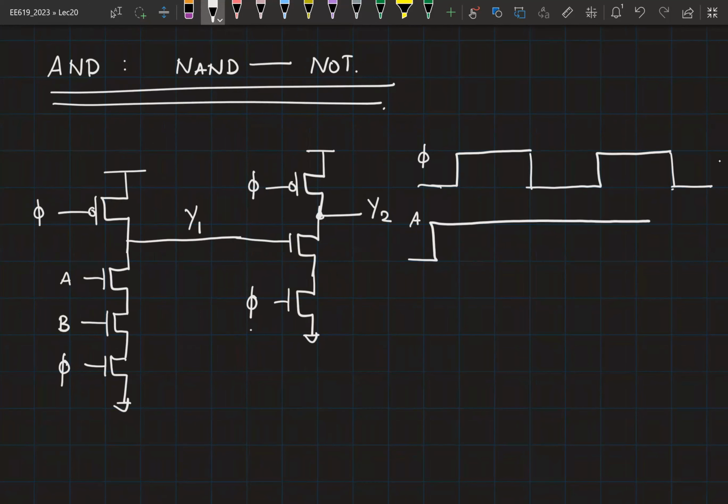We can assume that B remains at 1 throughout and A is going from 0 to 1. So no issues here, right? The one input is stable. The other input is going from 0 to 1. That also during the pre-charge phase. So can you plot Y1 and Y2 and tell me if you see any issues?